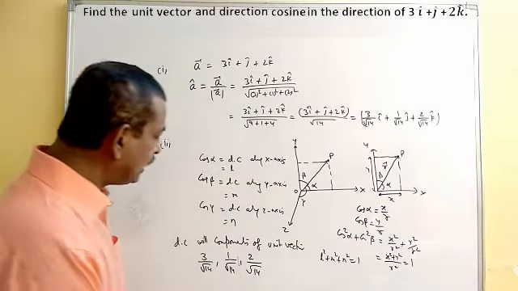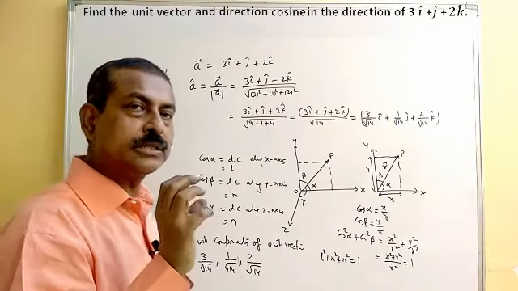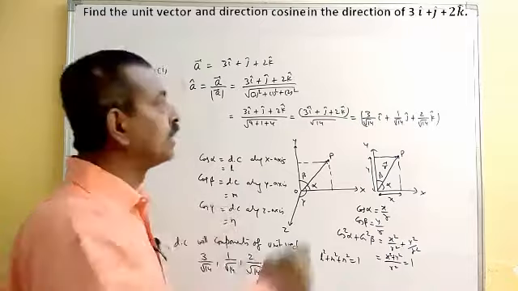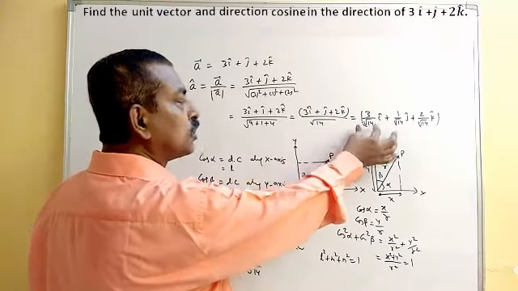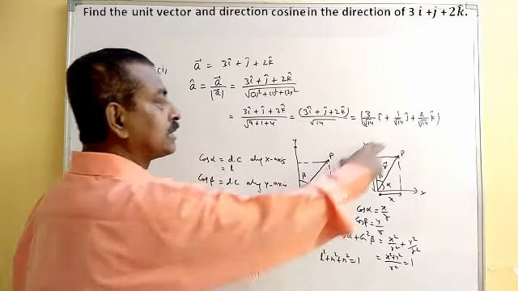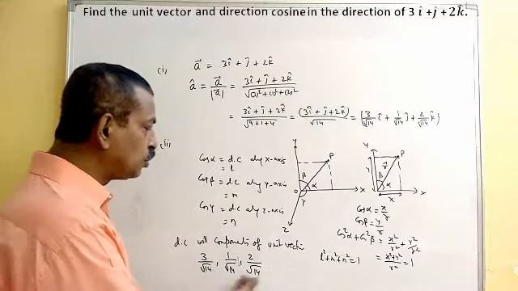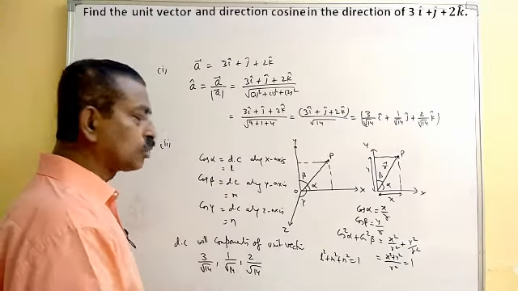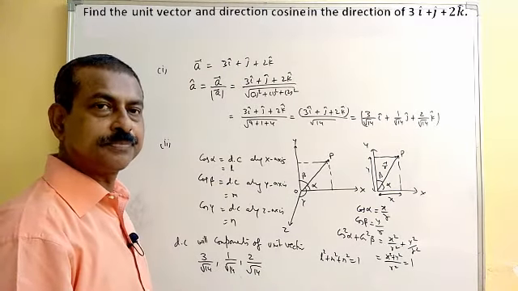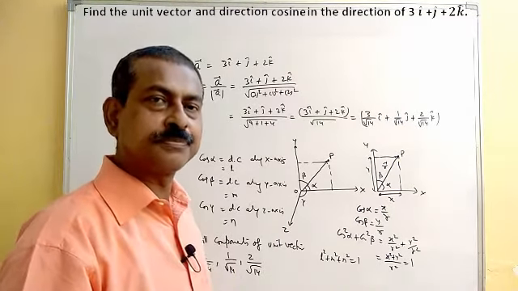What we are saying is that direction cosines are the components of the unit vector. This one is the direction cosine along the x-axis, this along the y-axis, this along the z-axis. So this is how you can get the direction cosines of the given vector, which are basically the components of the unit vector.